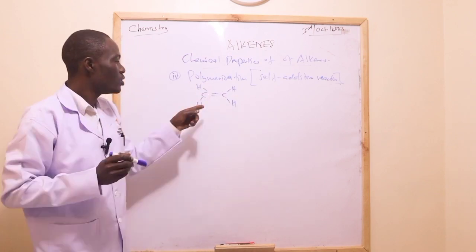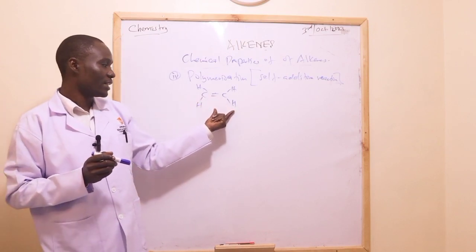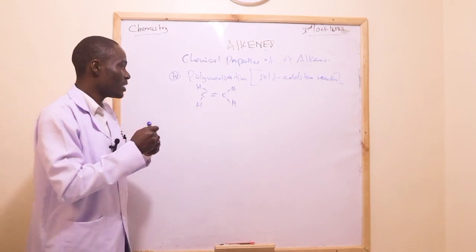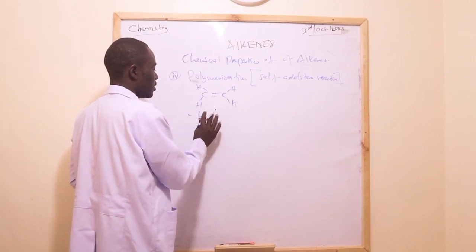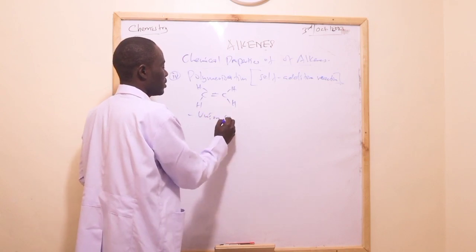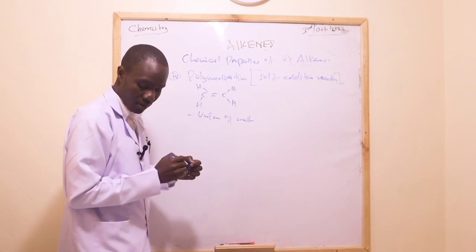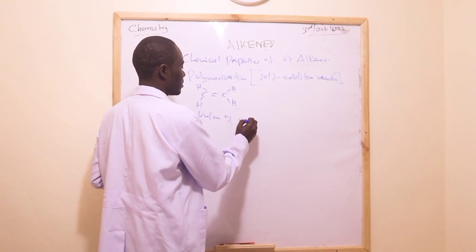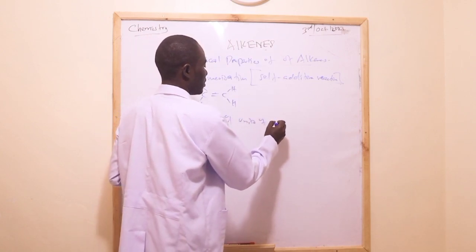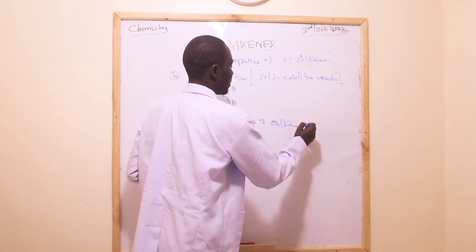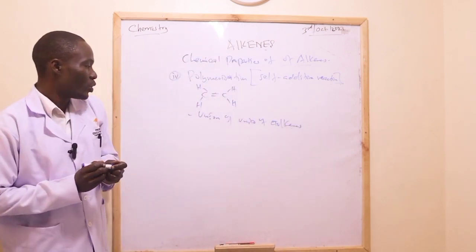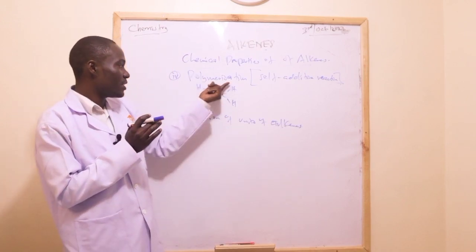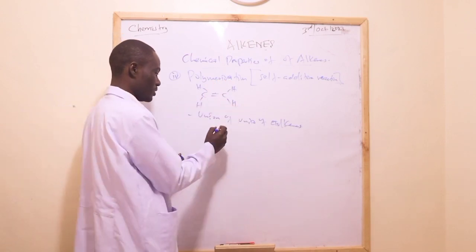So we have the units of alkenes that tend to unite. How do we call the units of alkene that unite during this type of addition reaction? They are called monomers.